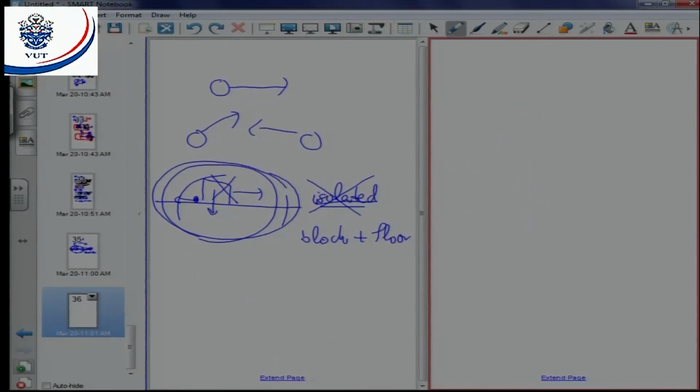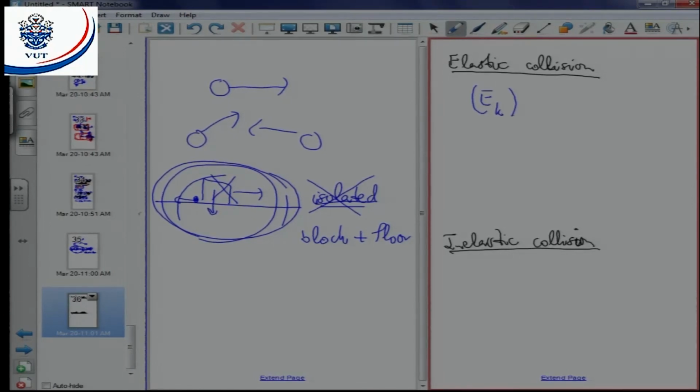There is something called an elastic collision, and we have an inelastic collision. Elastic collision, all this means is the following. It means the following two things are true. In an elastic collision, the kinetic energy is conserved. So kinetic energy before equals kinetic energy after.